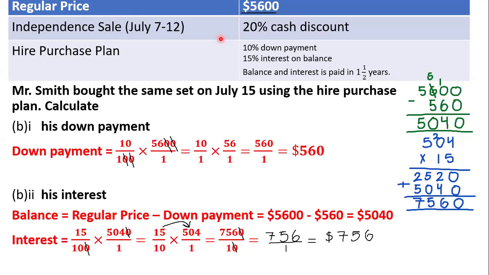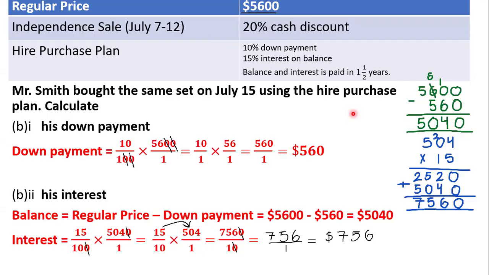Are you talking to me? Oh, sorry, not Clayton, Keyshawn. Is he there? No? So let's go with Aiden. Aiden, are you there? Yes, sir. Explain how we got the interest.